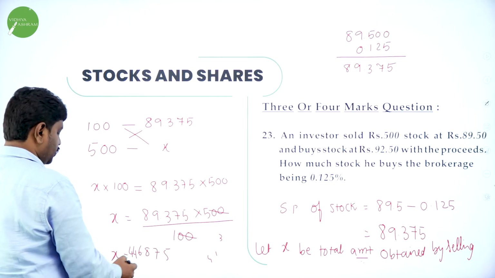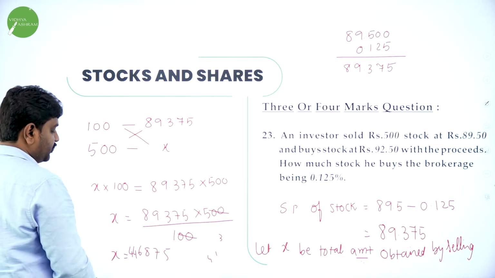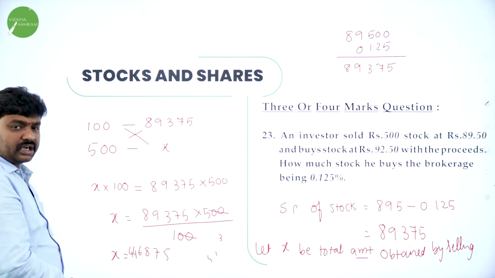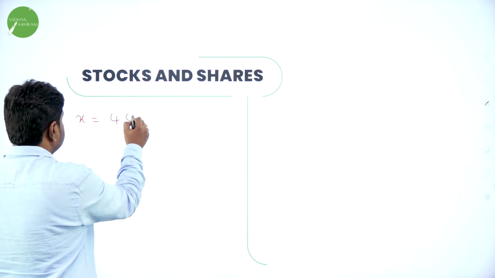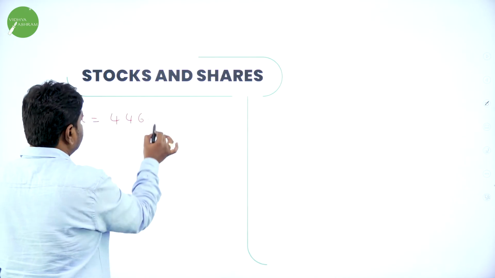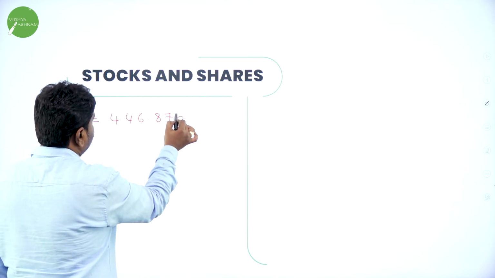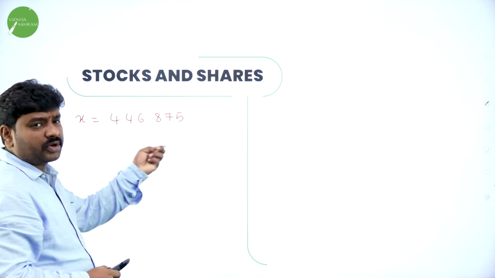So X you got 446.875. This is the amount received, and this is his investment to purchase the stock.